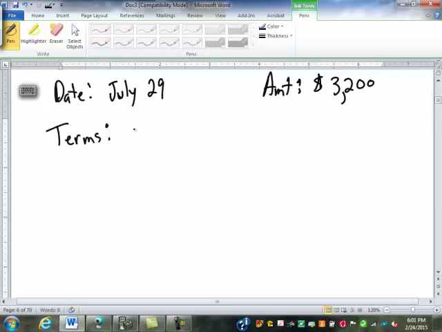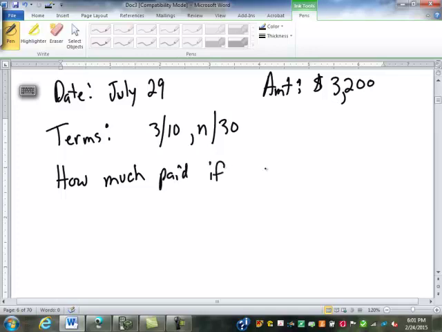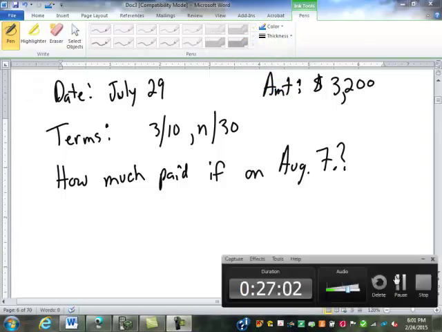Our terms are 3/10 net 30. How much is paid if paid on August 7th? I'll give you a second to figure that out. See what you come up with.